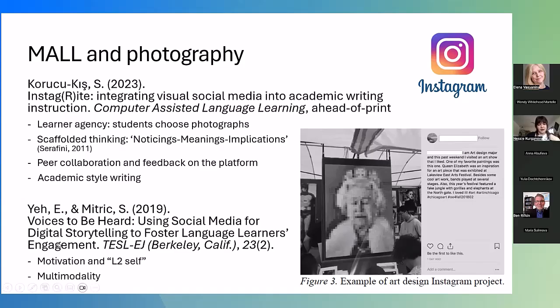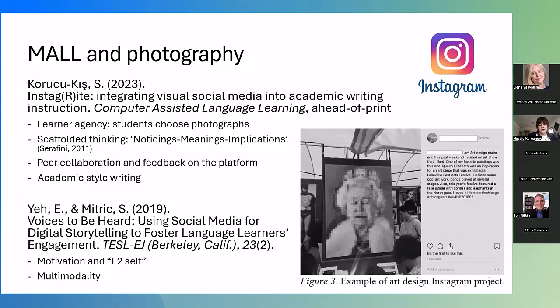A better example is Voices to be Heard, using social media for digital storytelling. So this is where this screenshot is from. They used Instagram as almost a learning management system where students would post their pictures, post their captions, and also be able to like and comment on their peers' contributions. And what they did was focus on what these students are planning to do with their futures, what their aspirations were.